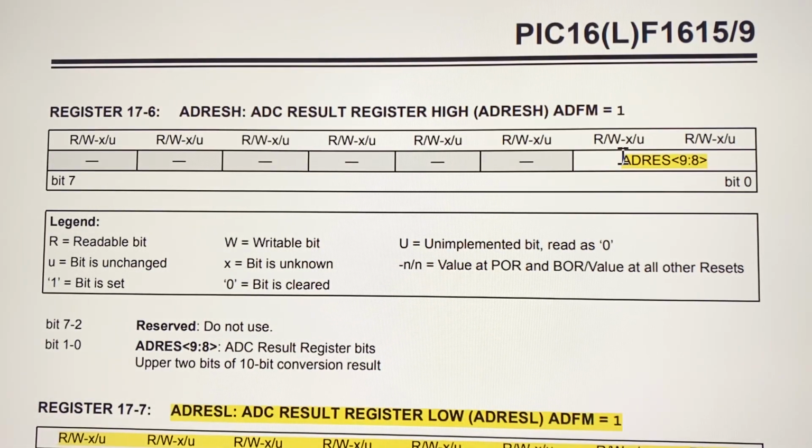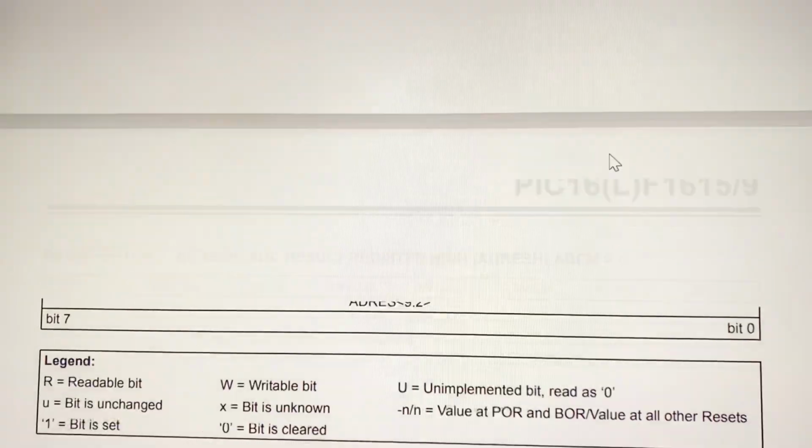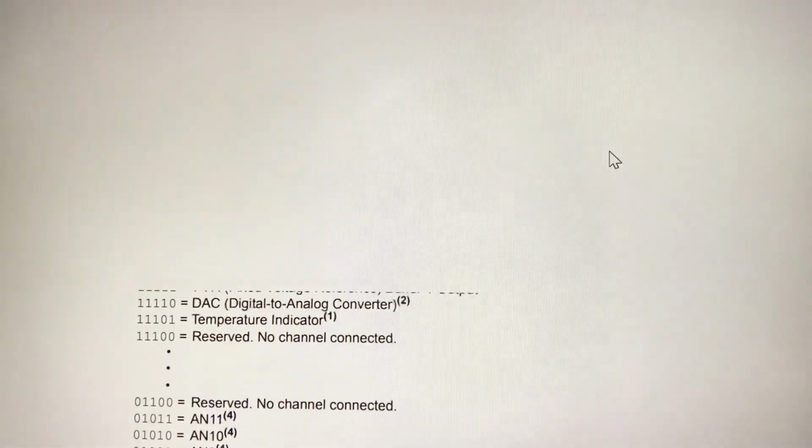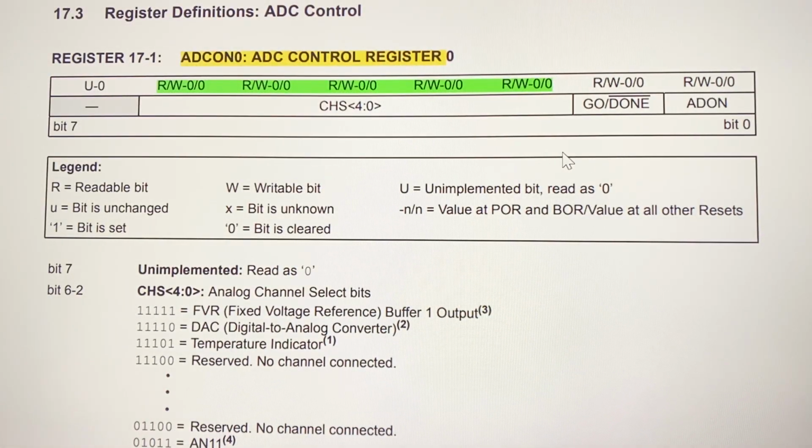Very good. So now we have to go back, because remember I said that when we are working with this A to D converter, we have to turn it on. There, we turn it on. We select the channels.